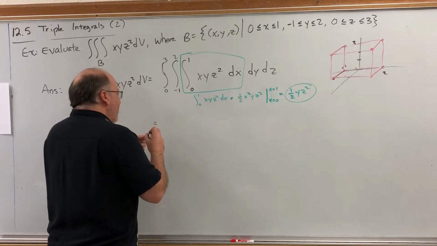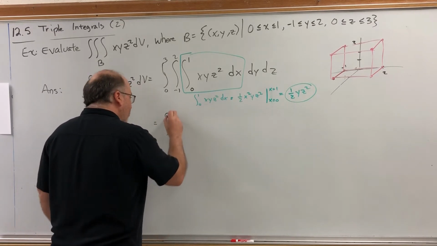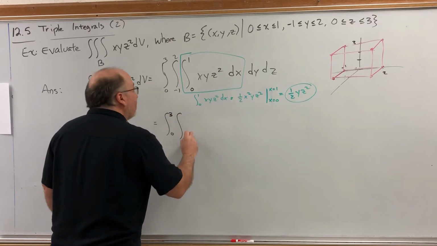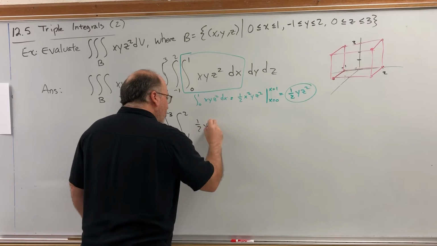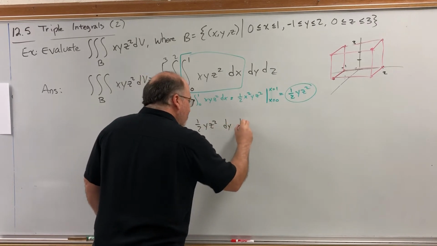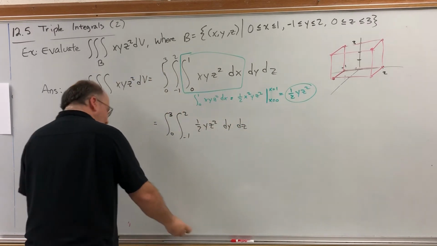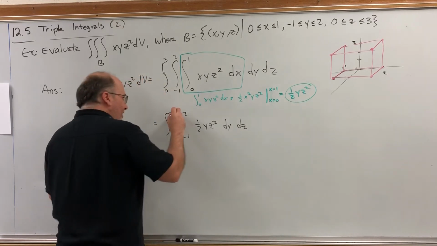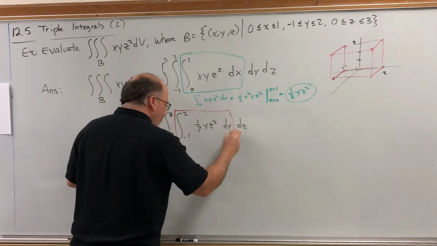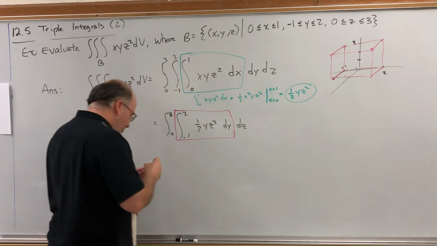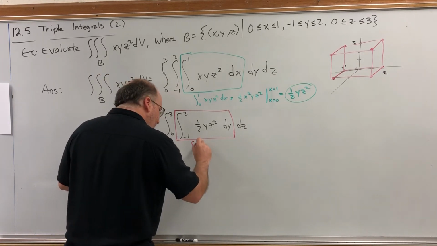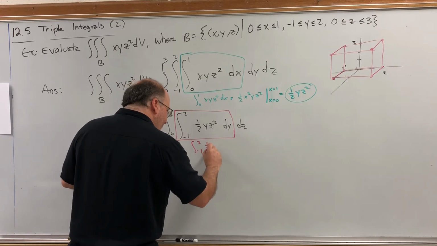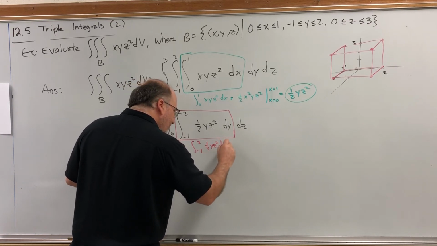Let's import that back into the remaining iterated integrals from 0 to 3 and from -1 to 2 of 1/2 yz squared dy dz. And let's do it again. This time, let's export the inner integral, which is a dy integral, and do it separately: the integral from -1 to 2 of 1/2 yz squared dy.